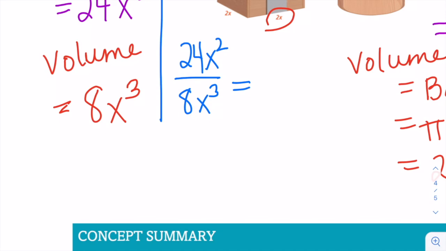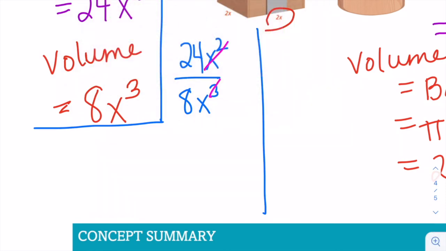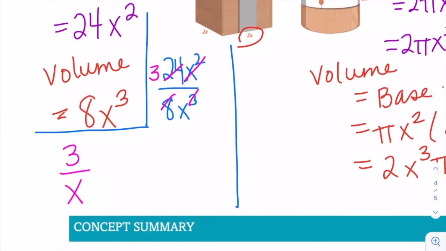I'm going to just draw a line here so I have some room for my other one too. We can simplify that because 8 goes into 24 3 times. And then we have one more x in the denominator. So this is going to become 3 over x for this prism, this rectangular box, the cube.